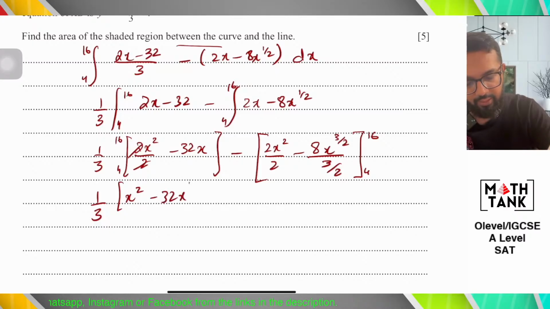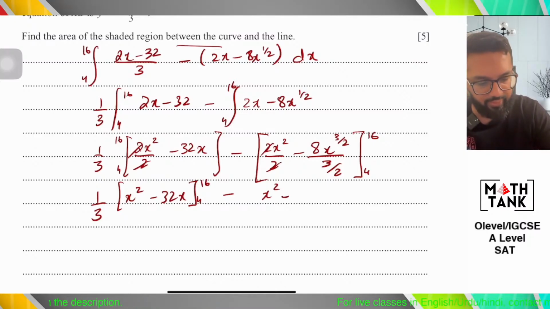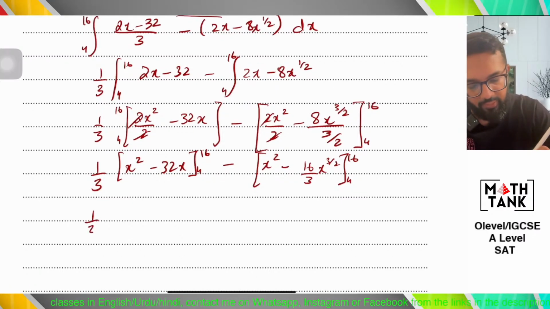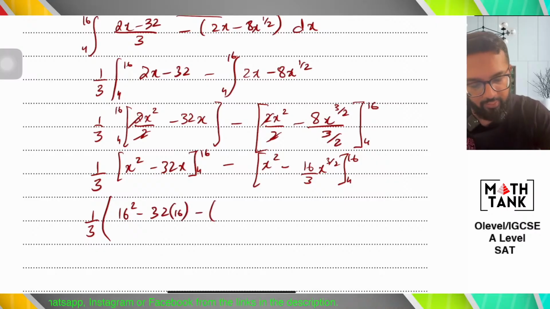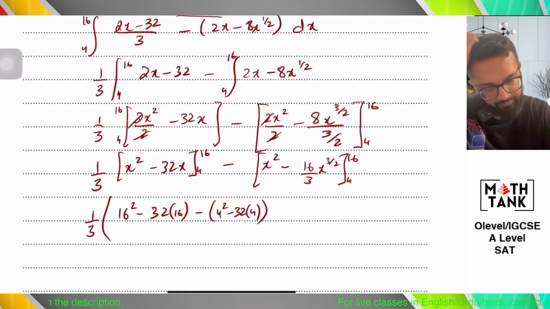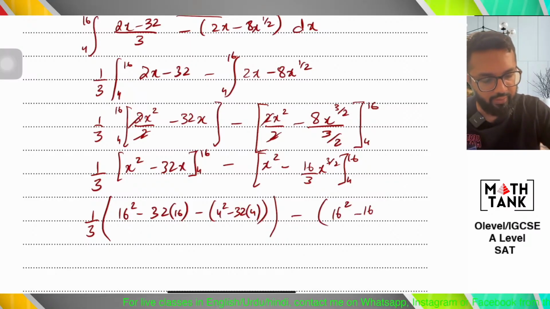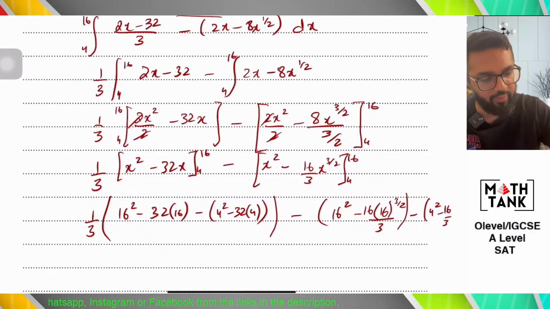Squared minus 32x, 16 squared, 8 times 16 over 3.